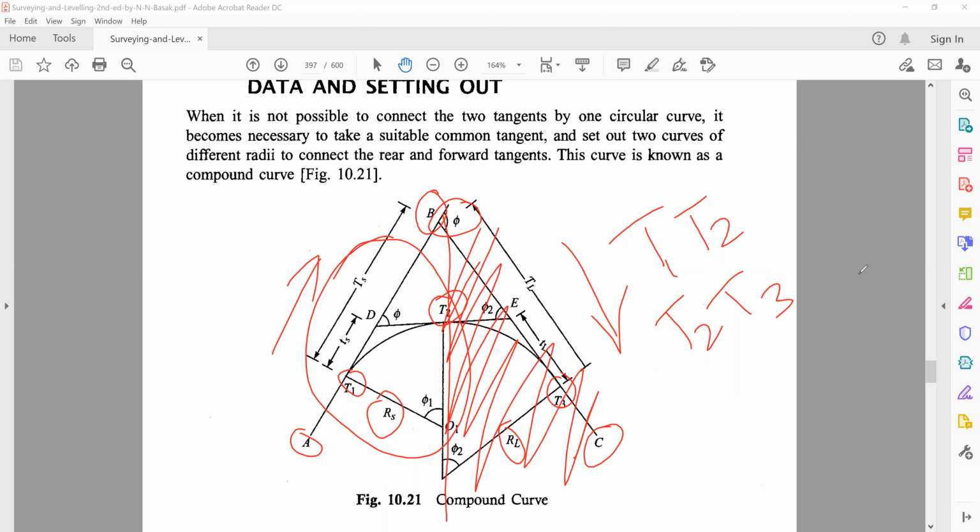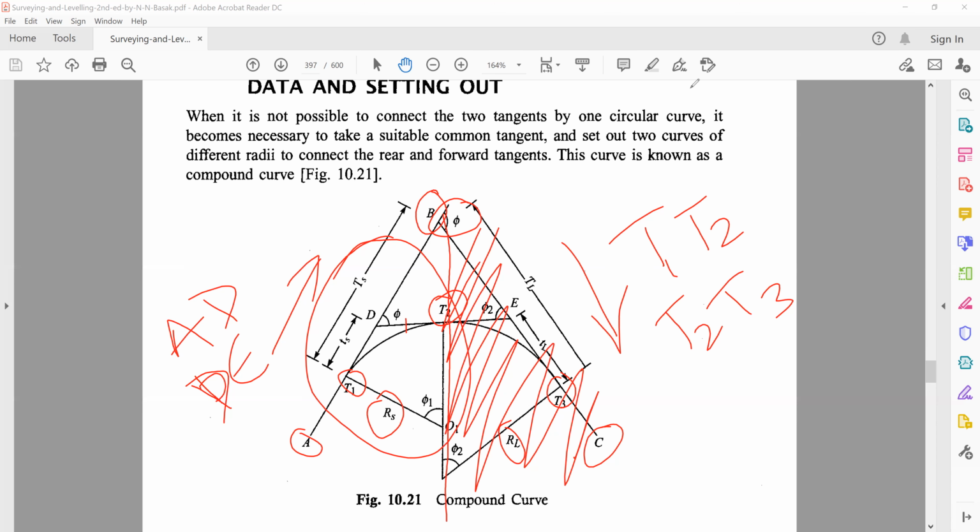So in this case, the tangents, or the lines, would be AD and DE. Suppose these are the two lines that you want to join, right? And the angle of deflection would be phi 1. Let's call this phi 1. That's a misprint over here. And the line T1D would be the tangent length, and T1T2 would be the length of the curve.